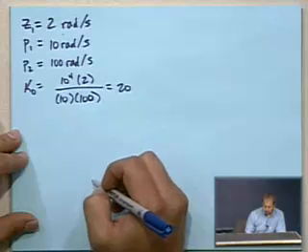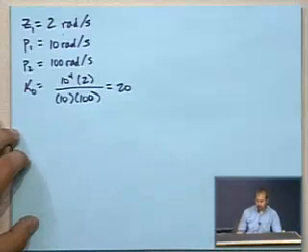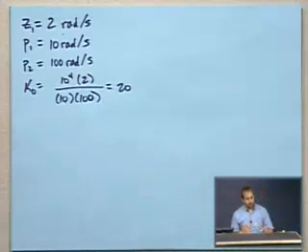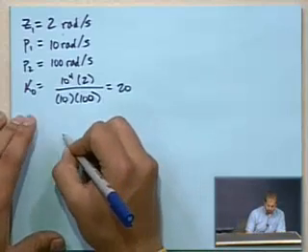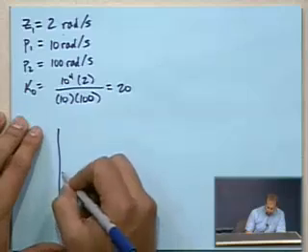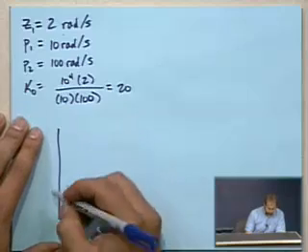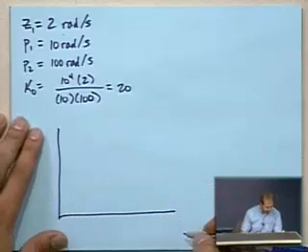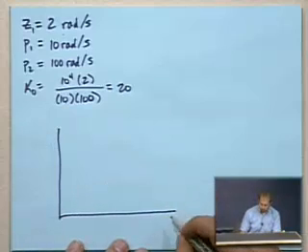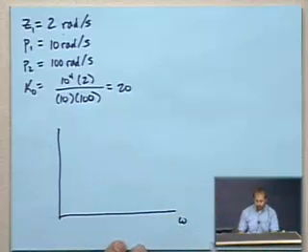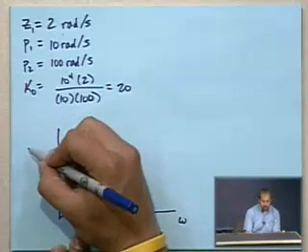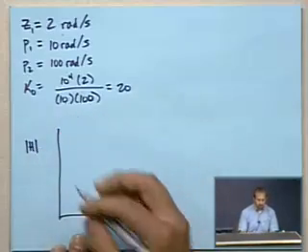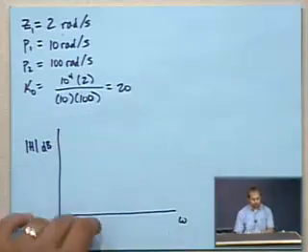Our magnitude characteristic doesn't have anything happening at 0 except for the constant term. So let's draw it like this. This is our logarithmic axis for omega, the radian frequency, and this is the magnitude in decibels.